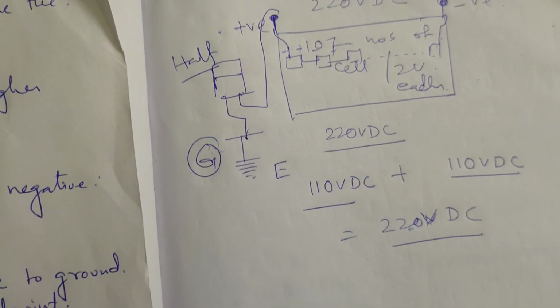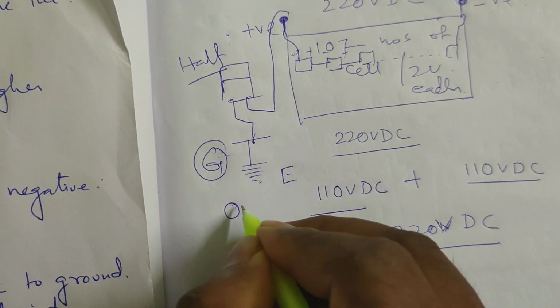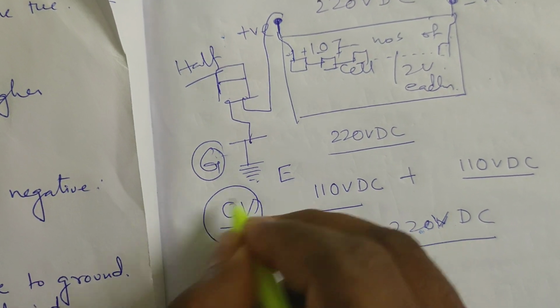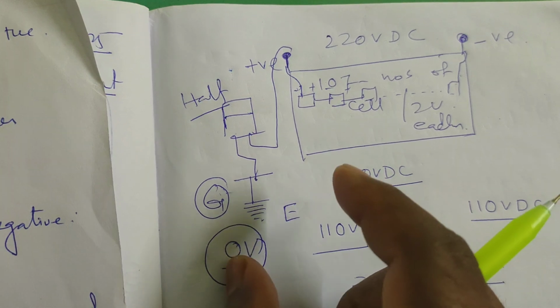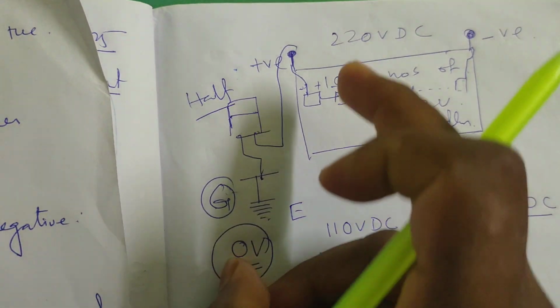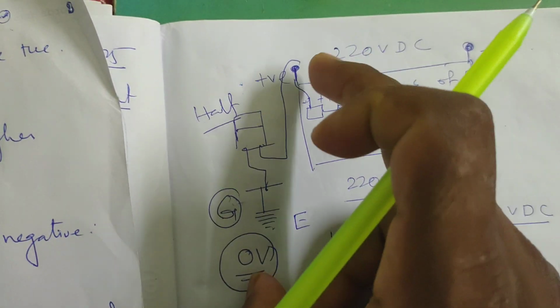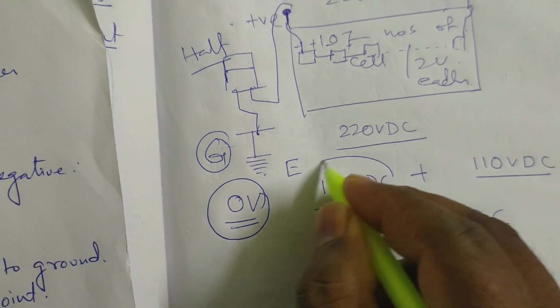DC. We all know that the earth has zero potential difference, because it is the earth, so it has zero voltage. If you reference the ground and measure the voltage between the ground and the positive terminal, you will get 110 volt DC.